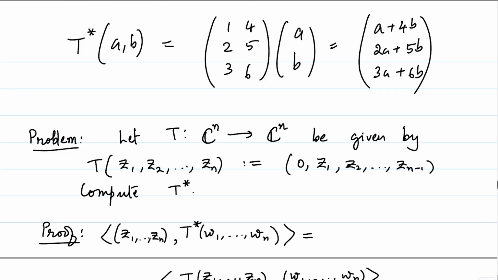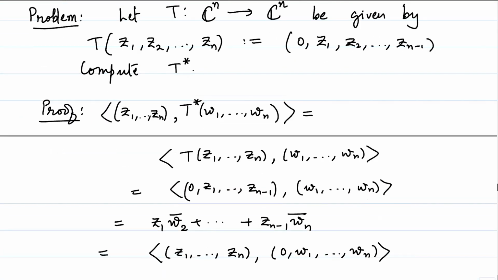The inner product in Cn is quite straightforward, so maybe I'm making a mistake. Let me be a bit careful. Yes, it is a mistake. So this is the inner product of (Z1 to Zn) with (W2 to Wn, 0). This is precisely what we are looking at, if you carefully observe.